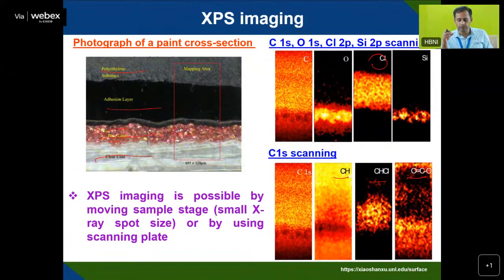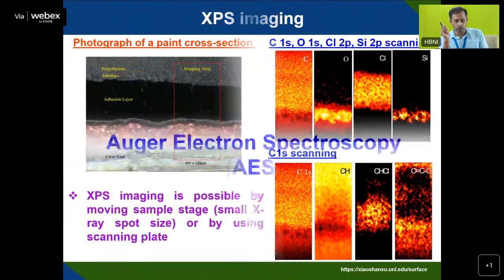You can see how elemental mapping is possible, as we used to do in the case of EDAX analysis. If you select this mapping area, for example, you can see how the carbon, oxygen, chlorine, and silicon are all distributed. So that information you will be able to get.